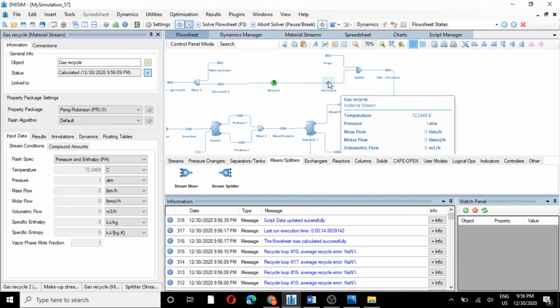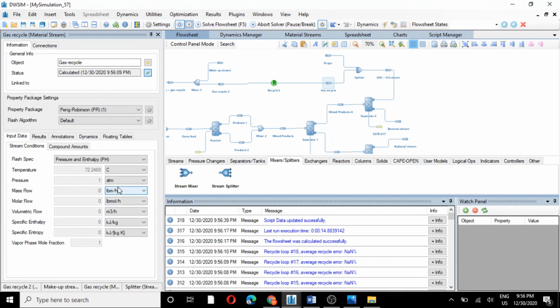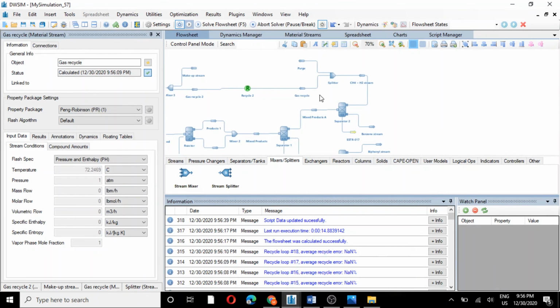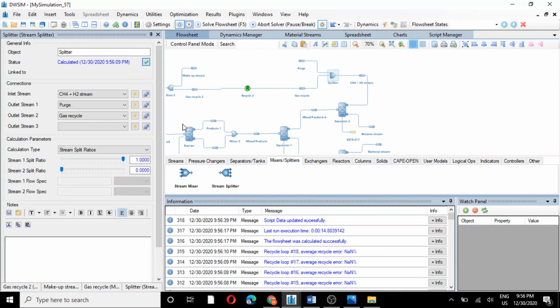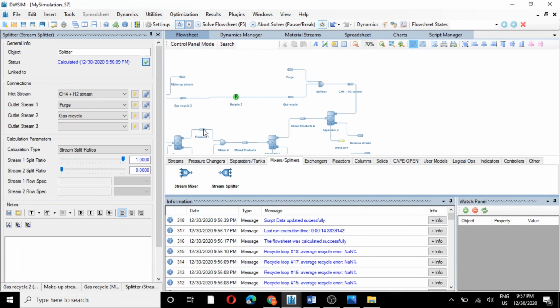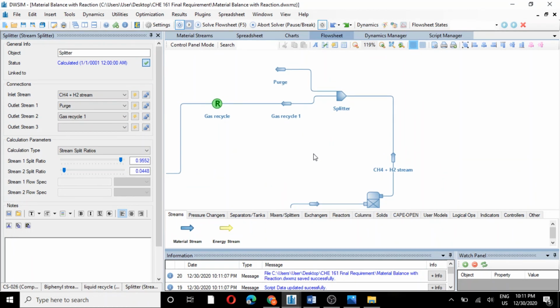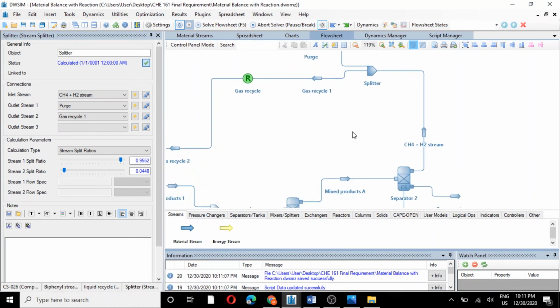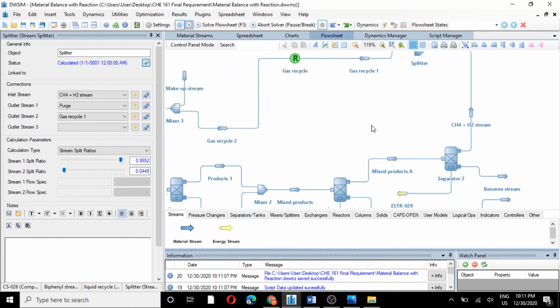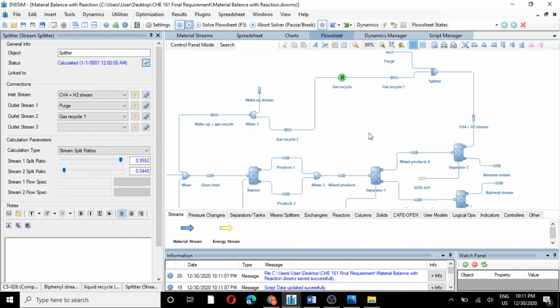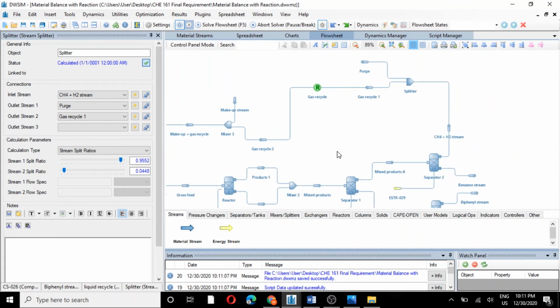So to get the 180 pound-mole per hour here in the gas recycle, we have to adjust the splitter, which has a split ratio of 1:0. I just arranged the flow sheet so that it looks much cleaner this way.